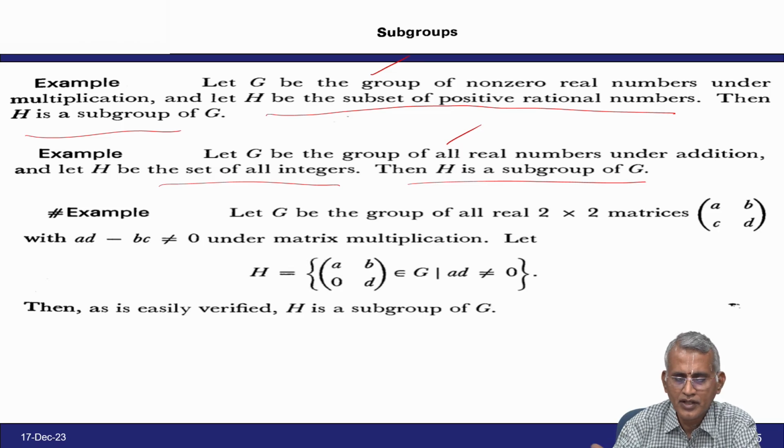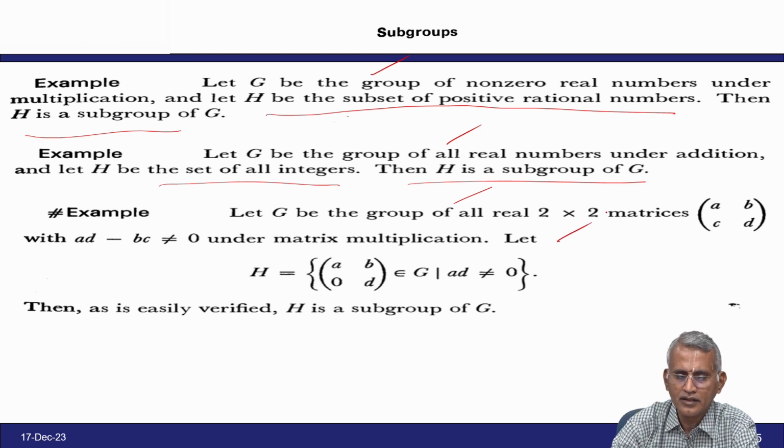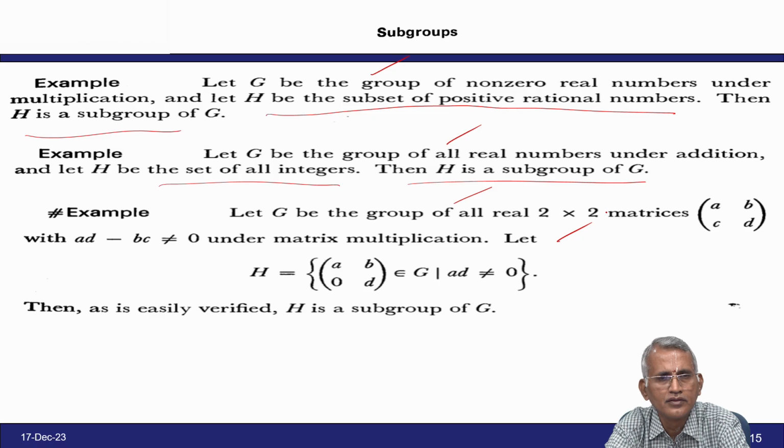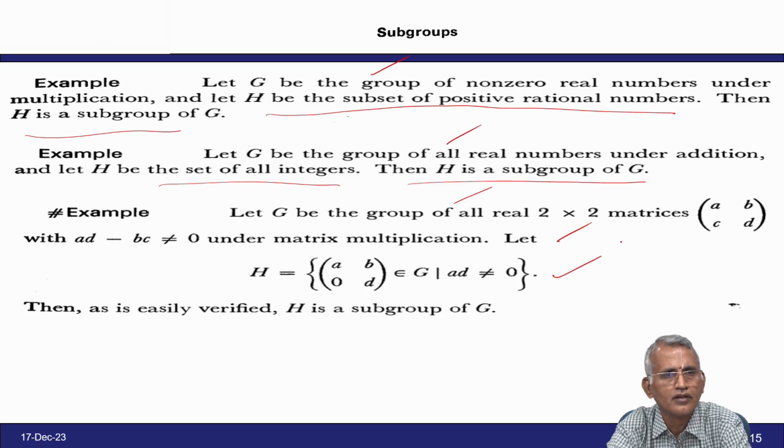For example, let G be a group of 2 cross 2 matrices A, B, C, D with real entries and determinant AD minus BC not equal to 0, under multiplication. Let H be the matrices A, B, 0, D which belong to G such that AD is not equal to 0.